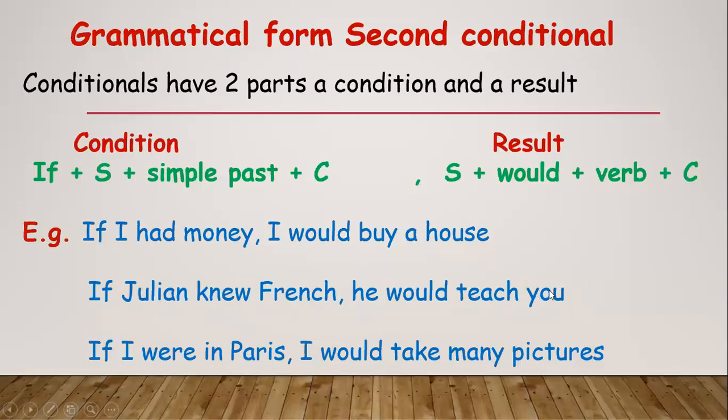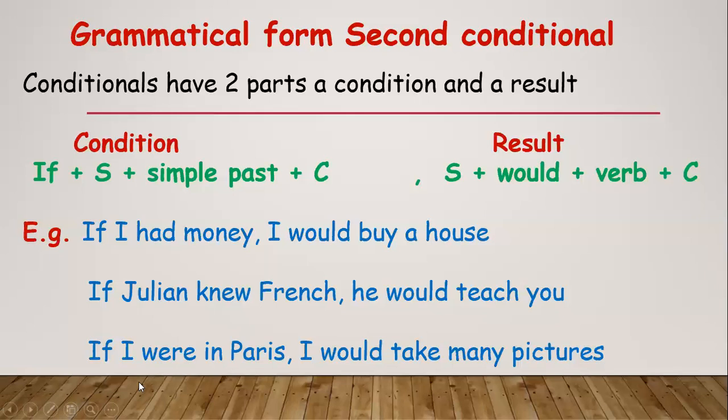If Julian knew French, he would teach you. Si Julián supiese francés, él te enseñaría, ¿sí? Si yo quiero intercambiar el orden, yo puedo poner, he would teach you if he knew French. O Julián would teach you if he knew French, ¿ok? Lo único que cambiaría sería el orden y el hecho de no poner la coma.